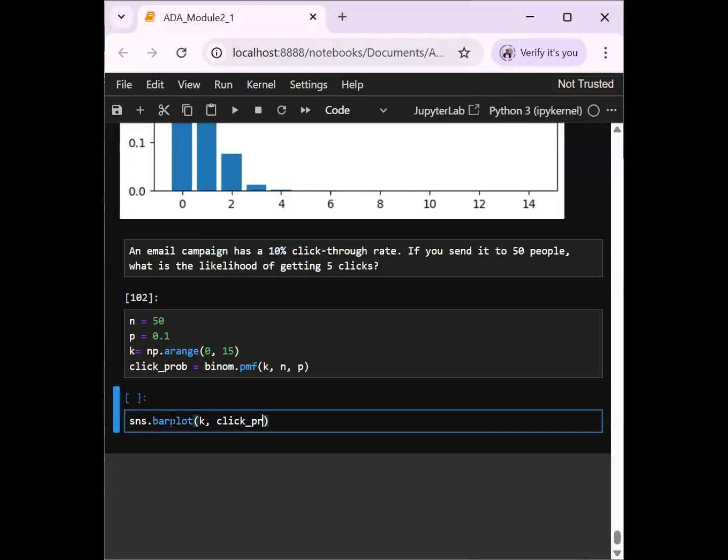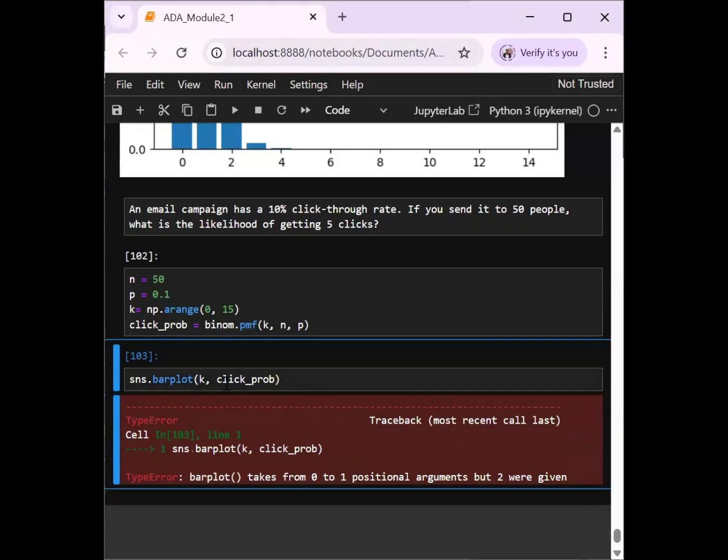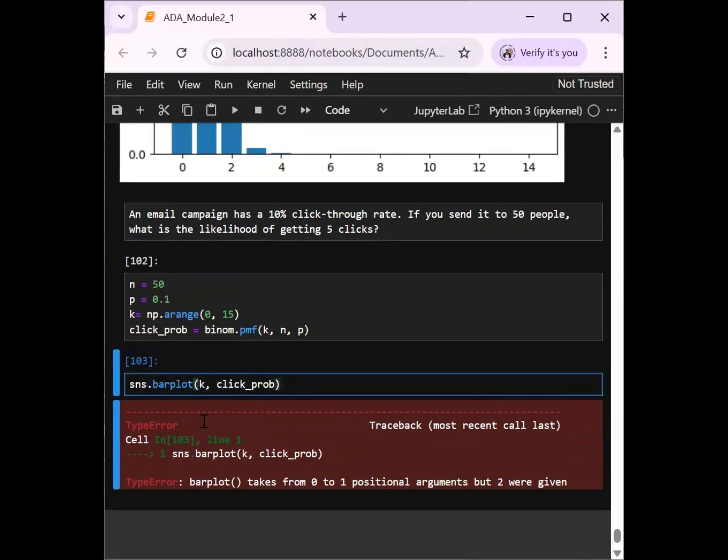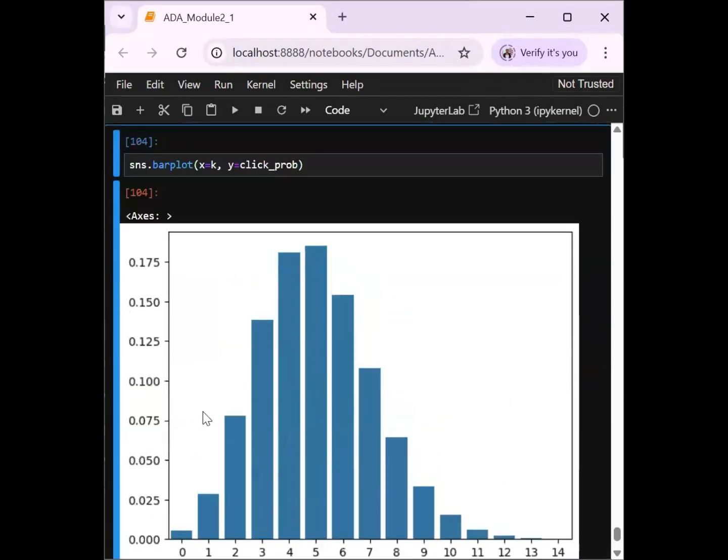So X equals K, then Y equals click probability.